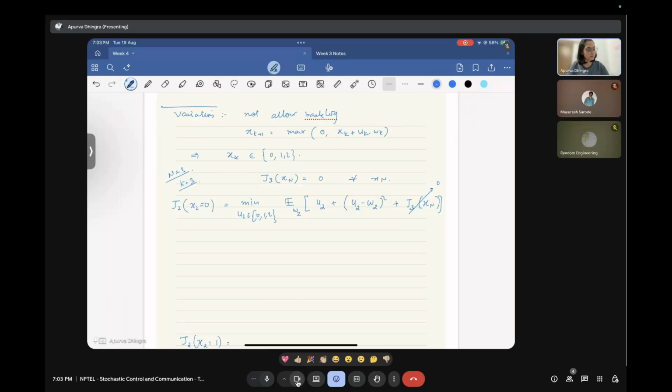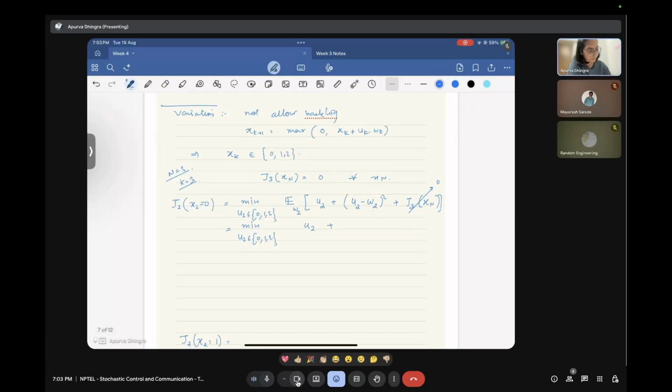So this is just simply the value of u2. This doesn't have any dependence on w, so this can actually be taken outside. This is all that there is a dependence.